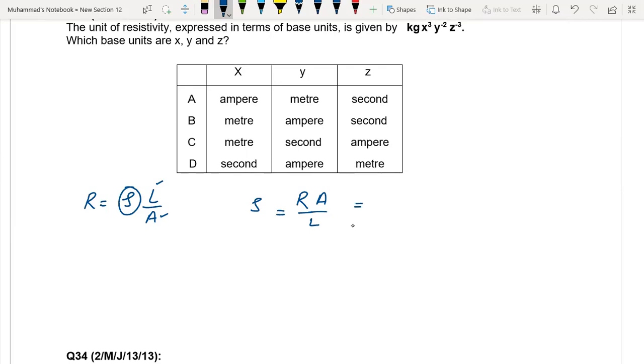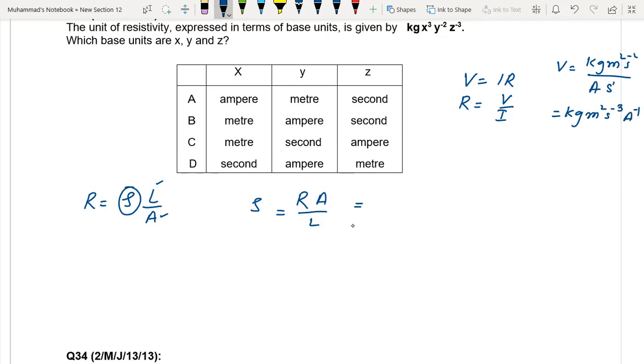For resistance, you know that V is I R, so resistance is V over I. And volt is defined as energy per unit charge, that is kg meter squared per second squared over charge, which is ampere second. If you simplify this, it is kg m^2 s^-3 A^-1.